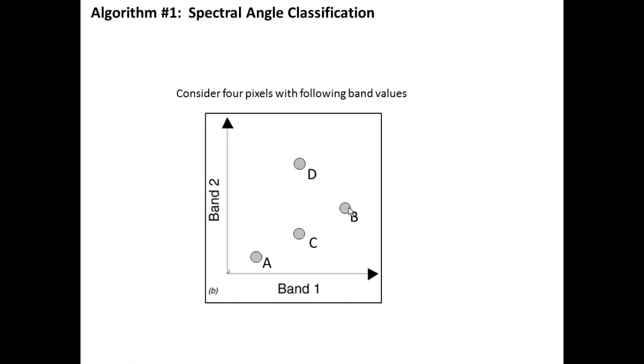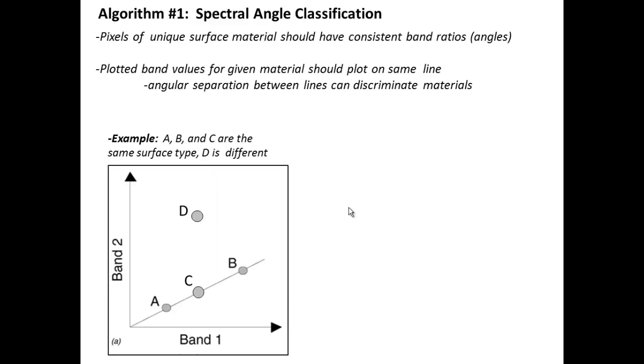So spectral angle classification allows us to deal with this by assessing which points or which pixels are on the same linear vector trajectory. So in this case, in two-dimensional space, we can define a single vector or line that actually goes through points A, C, and B, but does not go through D.